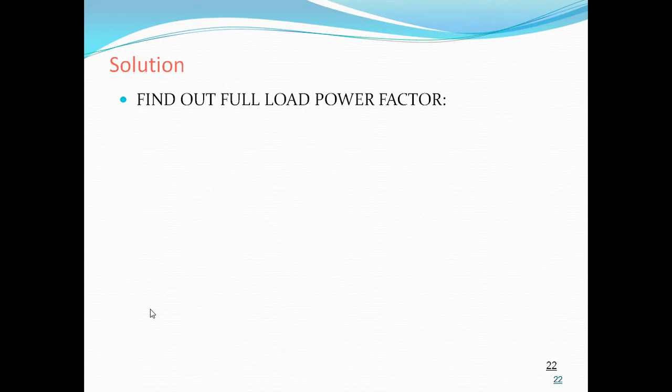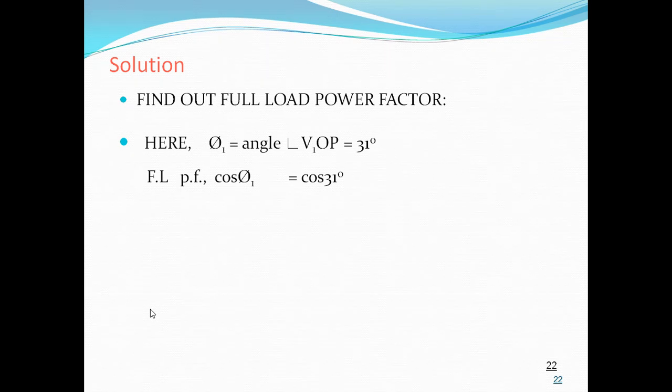To find the full load power factor, we have to measure the angle VOP. So that is 31 degrees. Cos of 31 gives the power factor, that is 0.87 lagging.